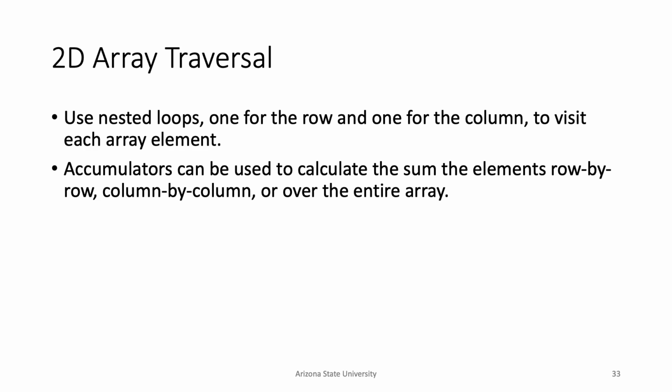And then inside there, we look up the row number and the column number. So all it is really is just the same thing we did before, but with an extra loop to handle the columns of the array. So rows on the outer loop, and then columns on the inner loop.